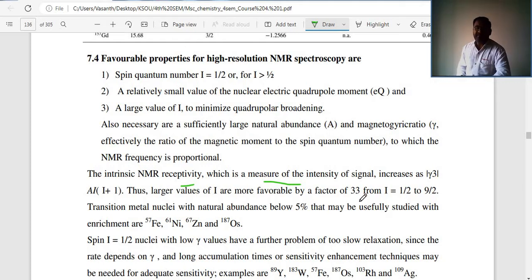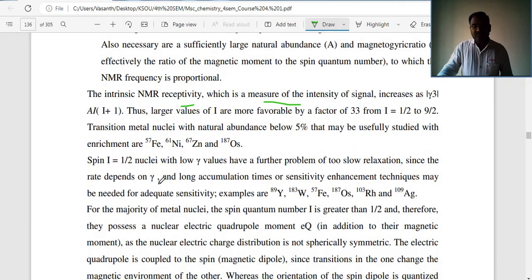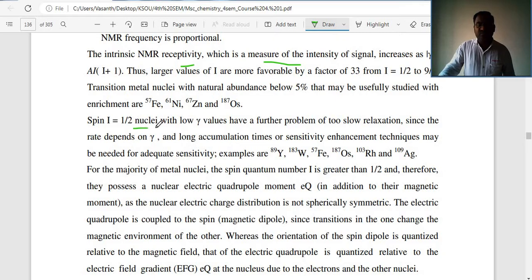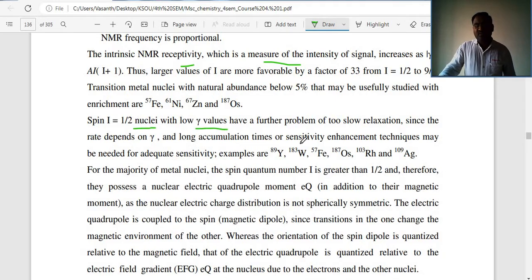The transition metal nuclei with natural abundance below 5% that may be usefully studied with enrichment are iron, nickel, zinc, possibly. The spin I equal to 1/2 nuclei with low frequency values of the magnetogyric ratio have further problems due to slow relaxation.